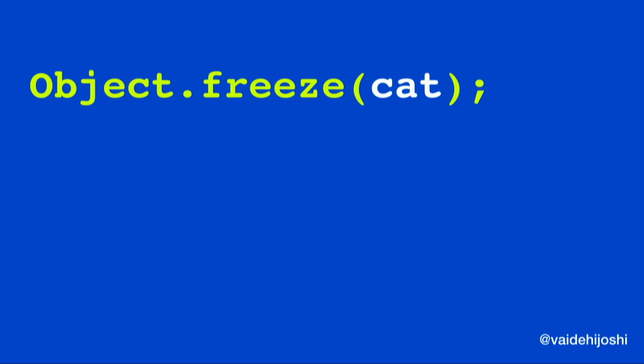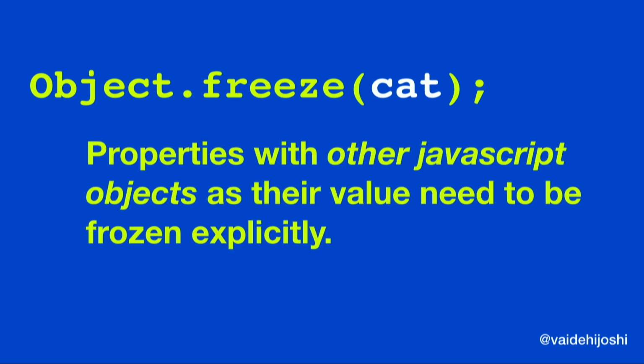But if you freeze that object, you have to remember that you have to freeze the object that is the value of that property. In other words, if you freeze an object, don't just assume that any values that point to objects will also freeze. The object itself won't be frozen. You, as the developer, have to internally think about and take care of that. So that's another thing to think about, explicitly freezing objects within objects.